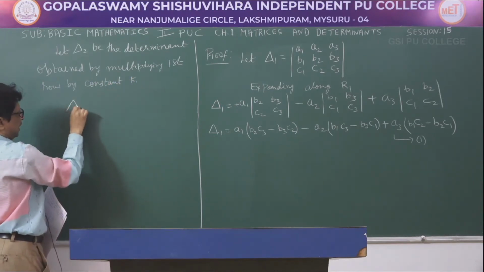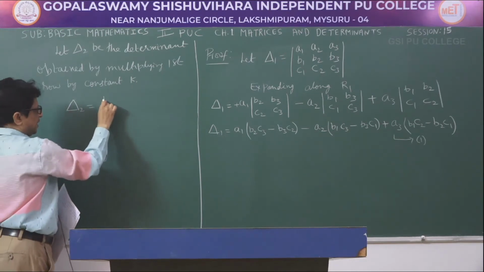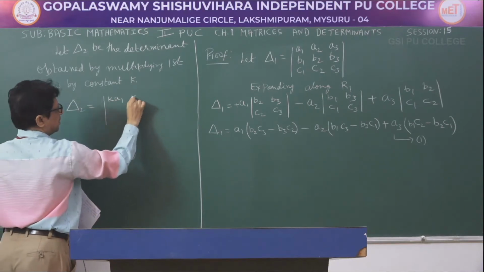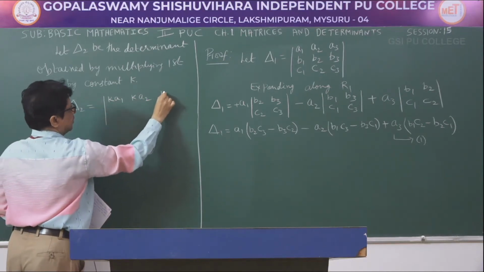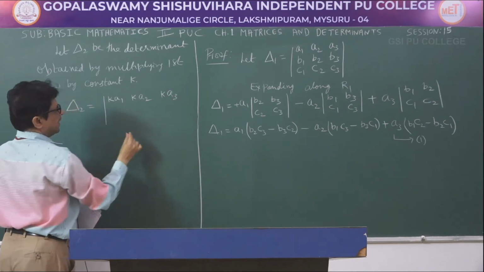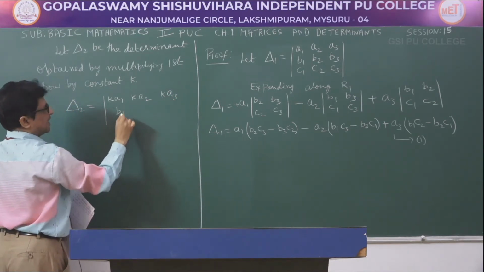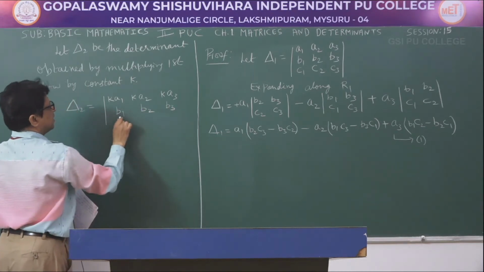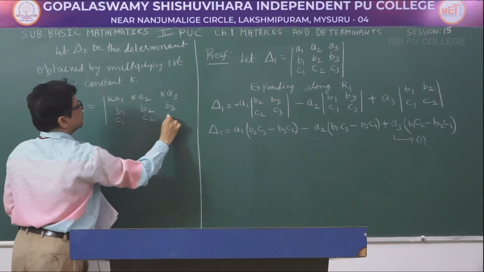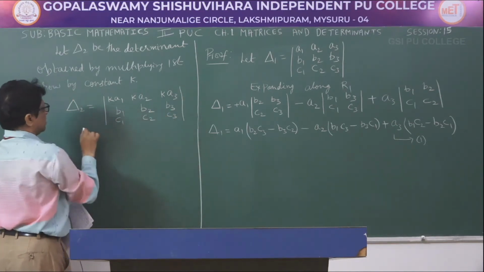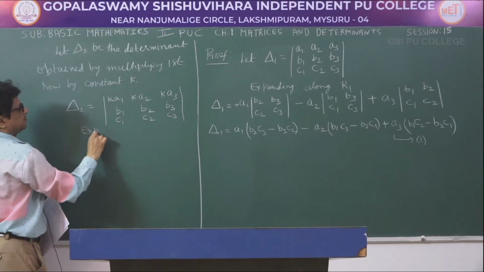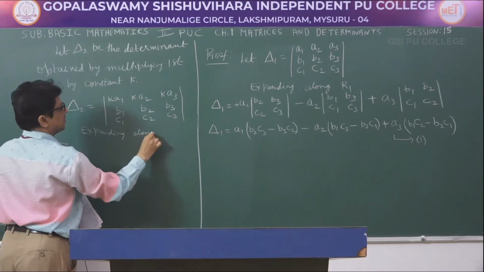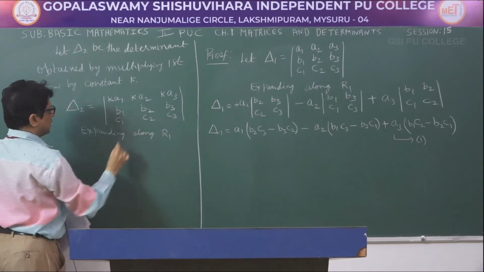Therefore, delta 2 is equal to determinant of k a1, k a2, k a3. Remaining elements we have to write as it is: b1, b2, b3, c1, c2, c3. Expanding along row 1, that is R1.